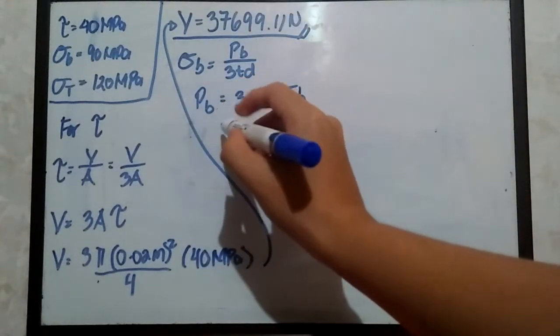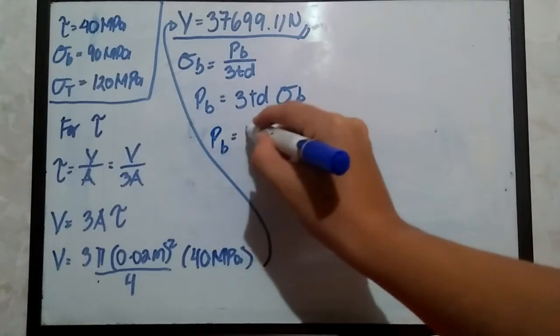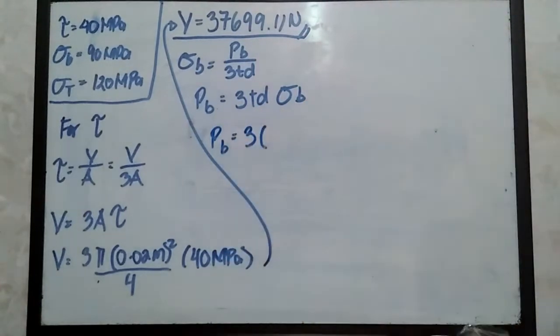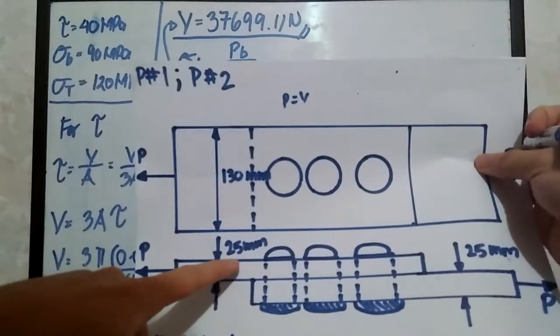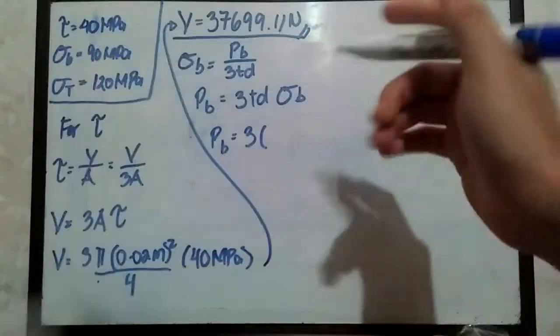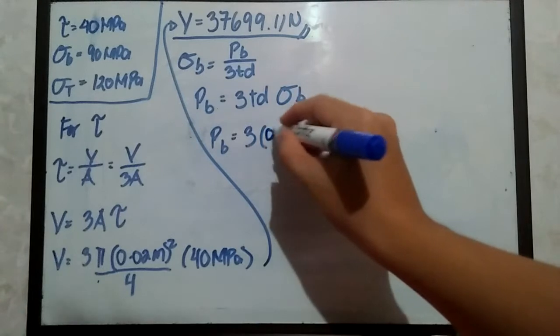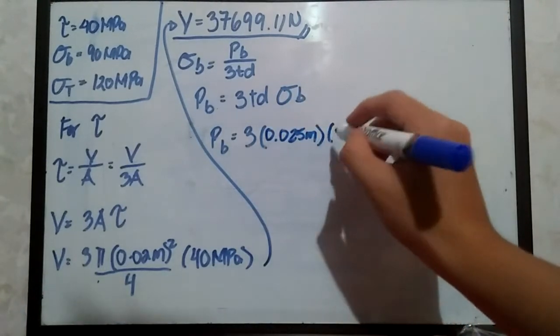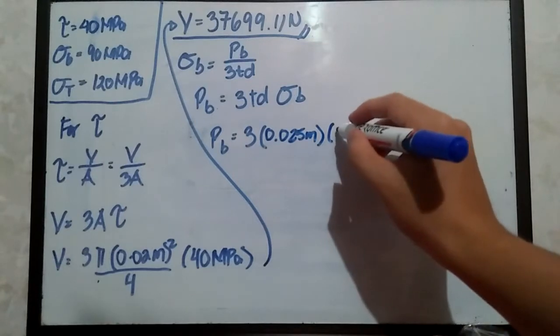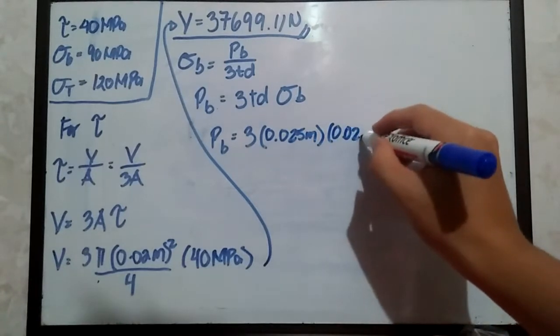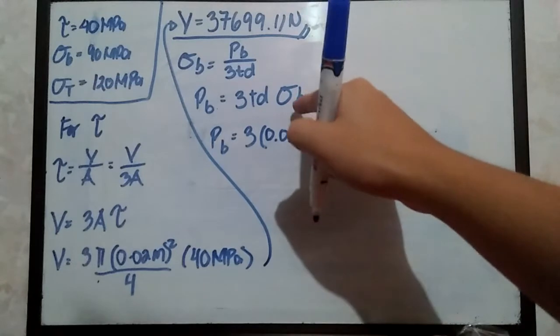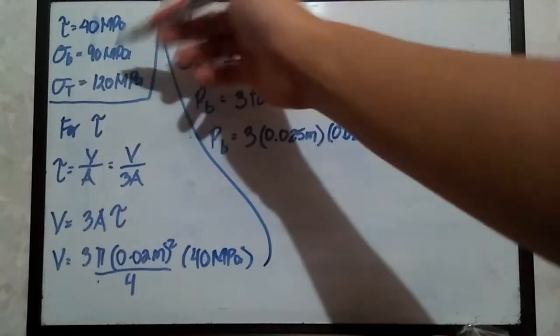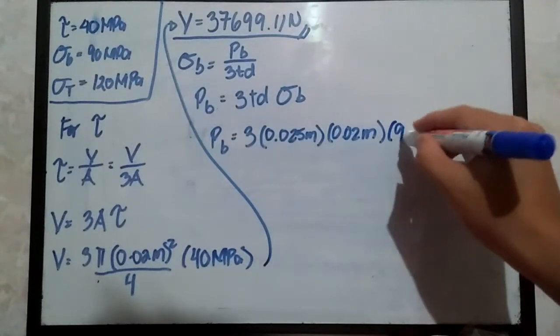So P sub B is equal to 3. What is the thickness of the plate? The thickness is 25 millimeters, converted into meters, that should be 0.025 meters, multiplied by the diameter of the rivet, that should be 0.02 meters. And then sigma sub B is equivalent to 90 megapascals.